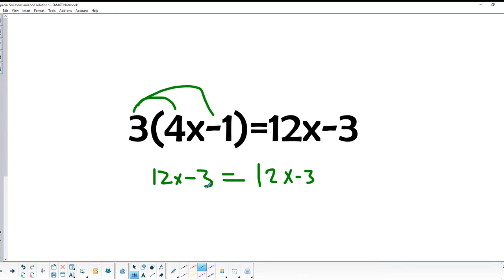So I notice if I have the same thing on both sides, if I start subtracting and moving things around, pretty soon I'm going to notice that I have 0 equals 0. Because 12x minus 12x on both sides is 0. And negative 3 plus 3 and negative 3 plus 3 is 0 on each side. So this is one of those examples of true for all numbers, okay? All real numbers.